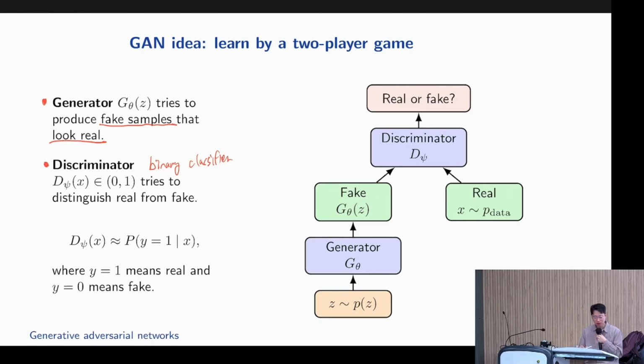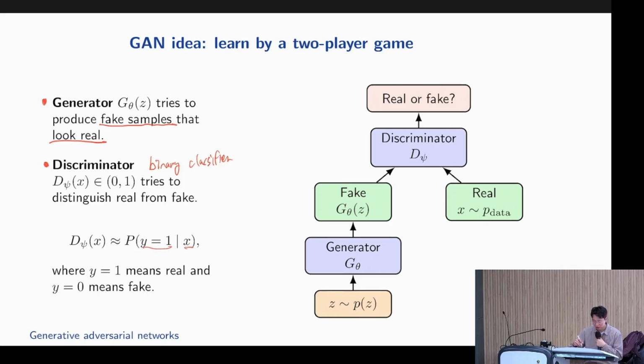It tries to distinguish real from fake. So given some data X, it tries to estimate the probability of real, where y equals 1 means real, 0 means fake. The generator generates an image, and the discriminator tries to discriminate whether it's fake or real.